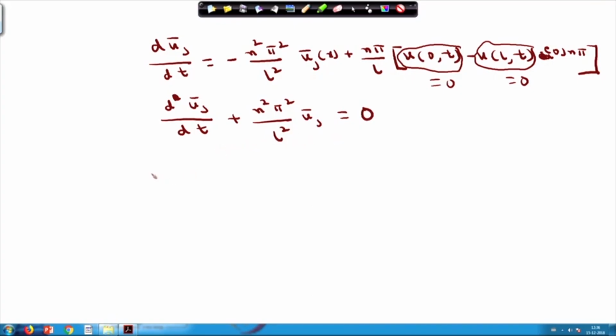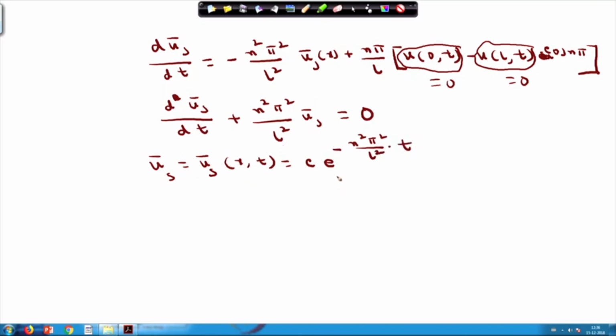General solution of this one you can write down as u bar s, which is a function of x t, c e to the power minus n square pi square by L square into t.